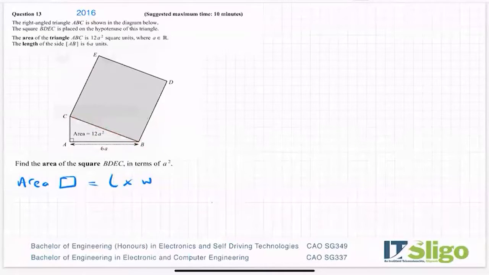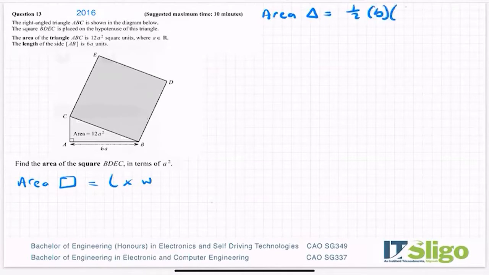Well, they've told me it's the hypotenuse, so that's obviously important. I have the area and I have one side. So how do I get the area of a triangle? Well, area of a triangle is half the base by the perpendicular height.